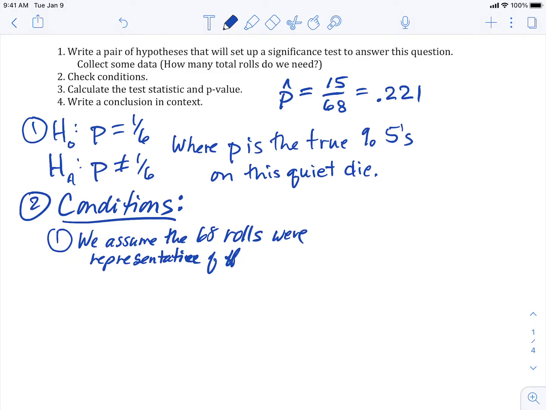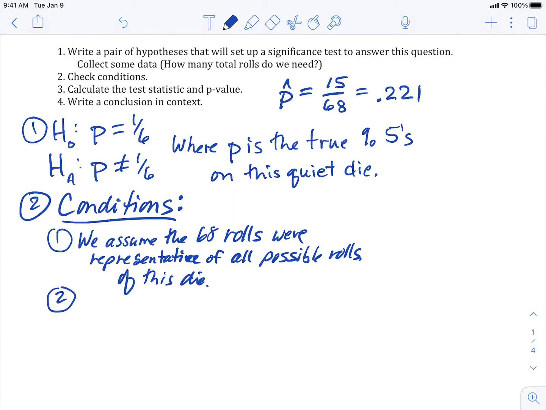Kind of getting sloppy here. Representative of all possible rolls. I suppose we just say of this die. So as long as they're representative, we can move on and believe we've got a good sample.